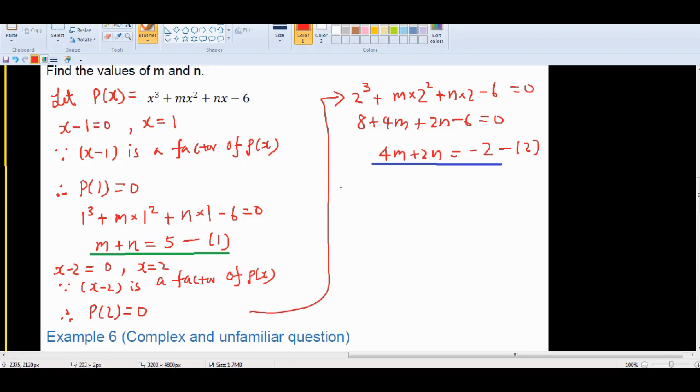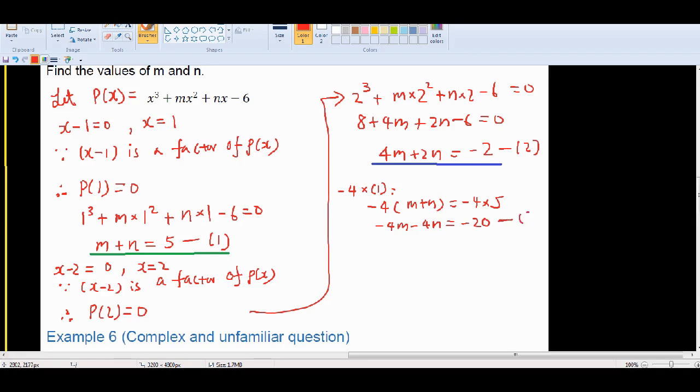So if I multiply minus 4 to our equation 1, remember that when you multiply minus 4 to the whole equation, you need to multiply that minus 4 on both sides, not just on the left hand side. So you will have minus 4m minus 4n equals minus 20.